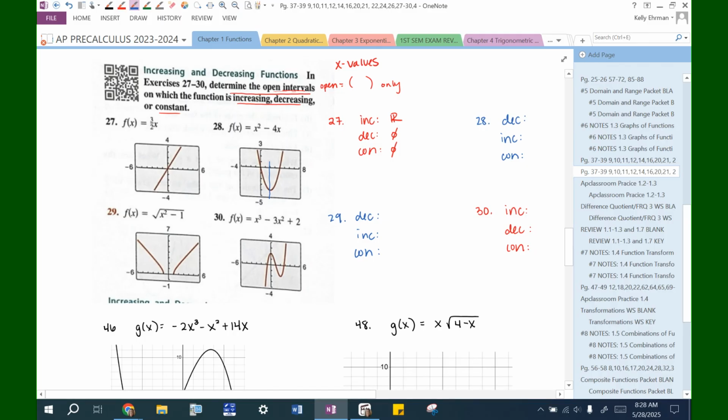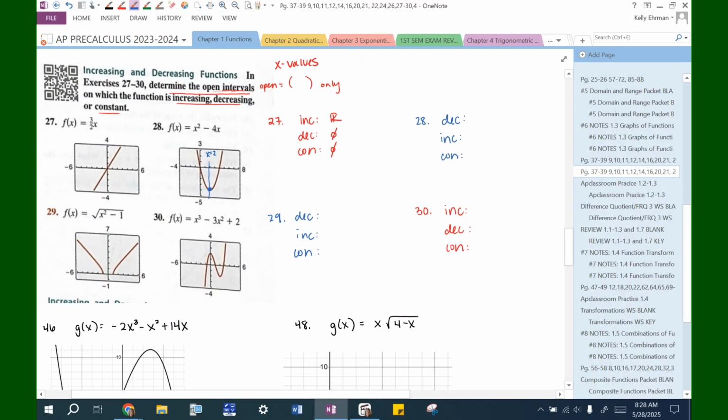It looks like its vertex is at 2. We could verify that by finding the vertex of this quadratic, but I'm not going to worry about that yet. That's in our quadratic chapter. So this is decreasing from x coordinates negative infinity to positive 2, increasing from x coordinate 2 to infinity, never constant.